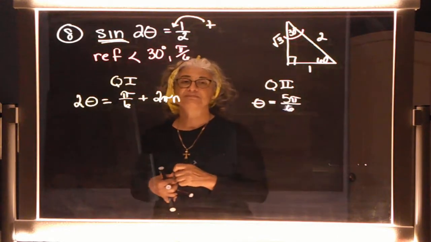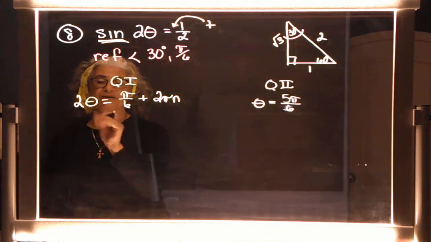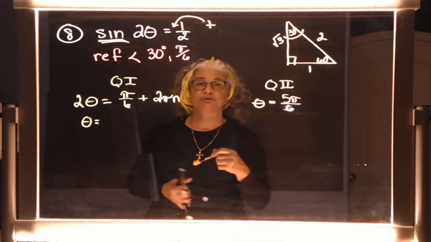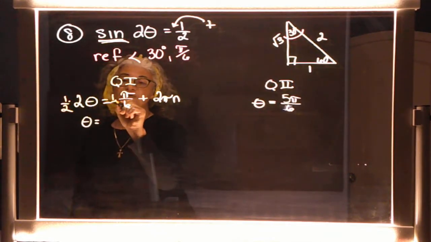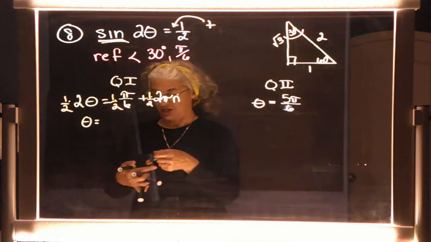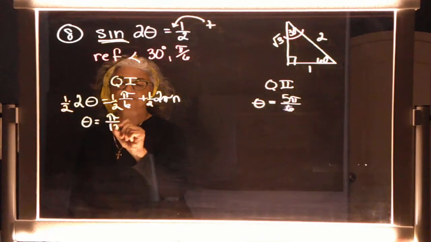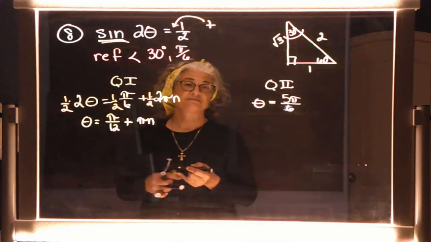So now, let's take this and solve for theta. To solve for theta, I am going to divide by 2 or multiply by 1/2. Agreed? That's the same thing, isn't it? So my theta would be equal to pi/12 plus pi n, right?